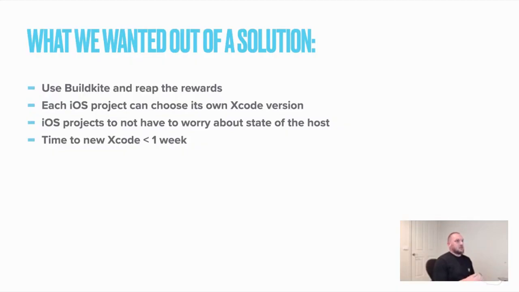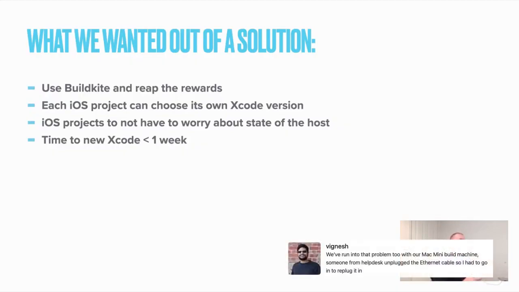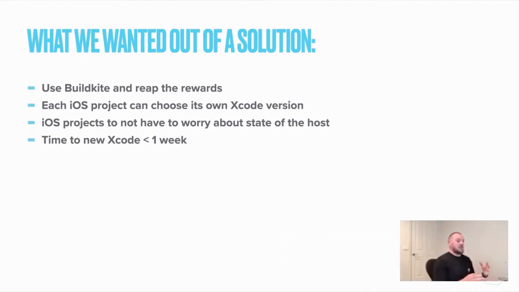But in doing so, we didn't want to just grab a couple of Macs and put Buildkite agents on them and force everyone onto the same tool chain, because we had such a large number of teams and different apps, and all of those had different Xcode version requirements and dependency managers, Carthage, CocoaPods. No one was using SwiftPM. There was 83.7 different versions of Ruby being used across the organization.